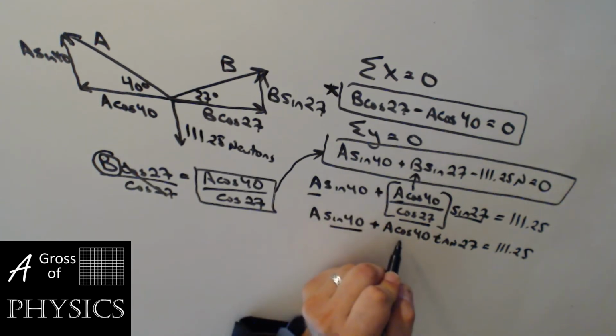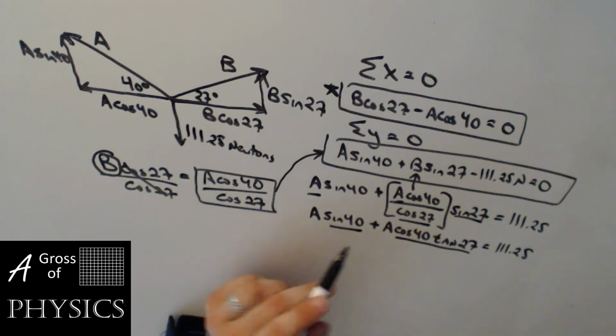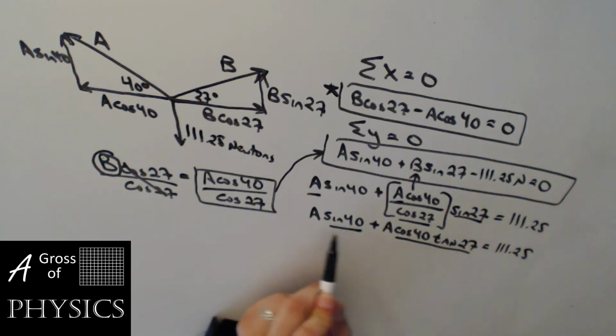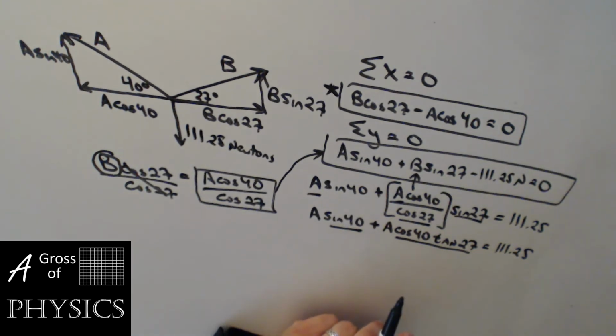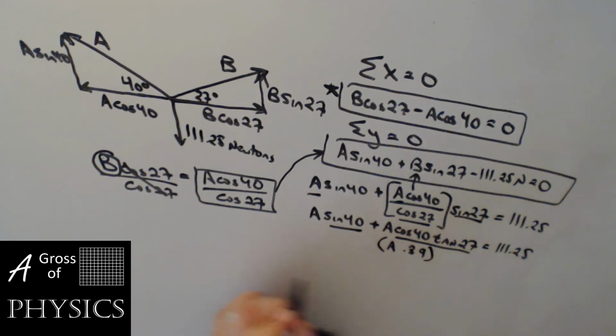Although they're not whole numbers, they're fractions and decimals, sine and cosine are just numbers. So I'm going to combine these two terms first and then add it to the sine of 40. So I'm going to do cosine of 40 times the tangent of 27. I'm going to get a number, 0.39. So A times 0.39 here. And then I'm going to do A times the sine of 40.